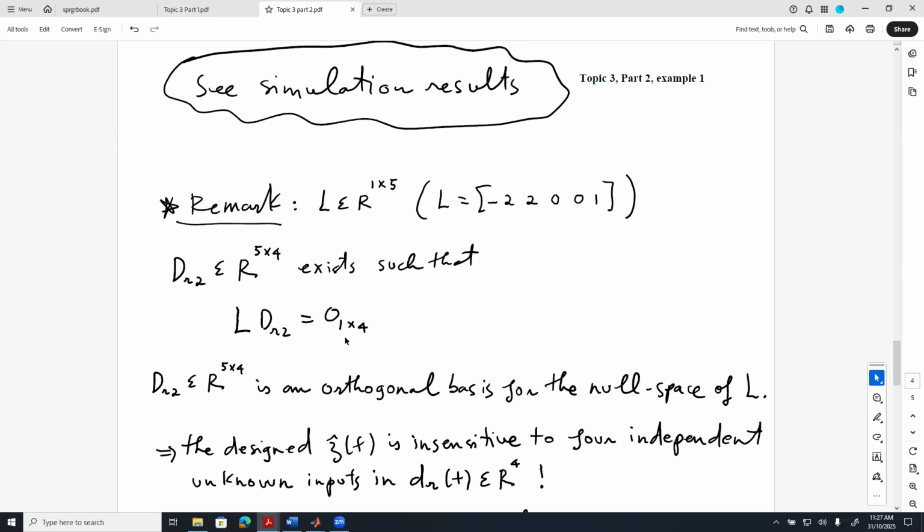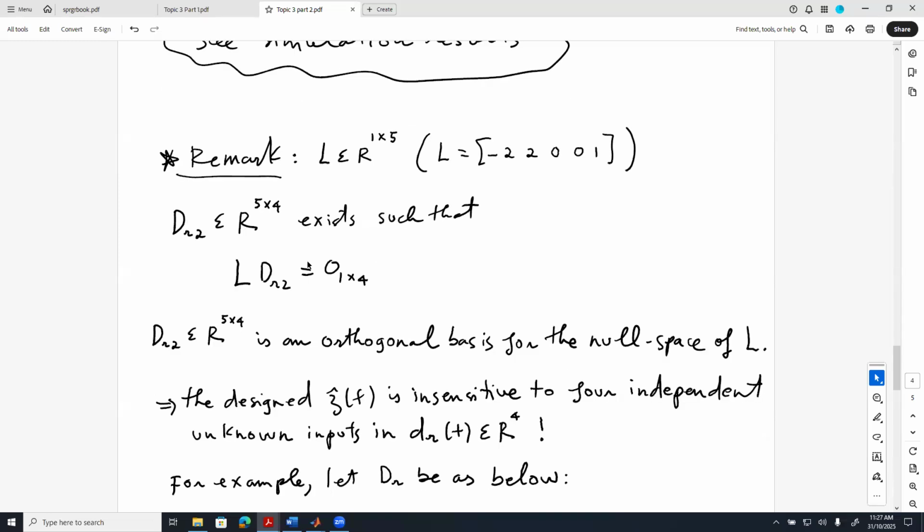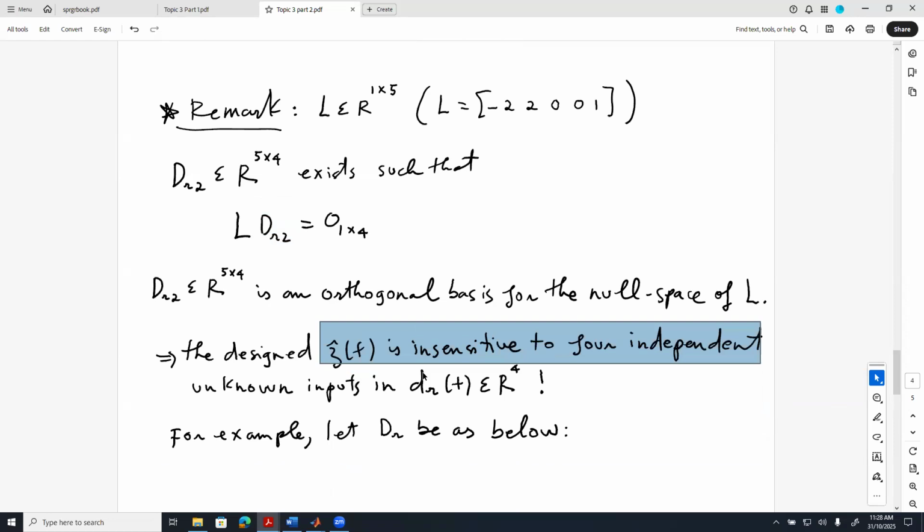So we can actually characterize those unknown inputs that can enter into the system, and we can still ensure that our observer is insensitive to all of them. All right, so we could have up to 4 unknown inputs as long as the matrix DR2 belongs to the null space of L. Wow.